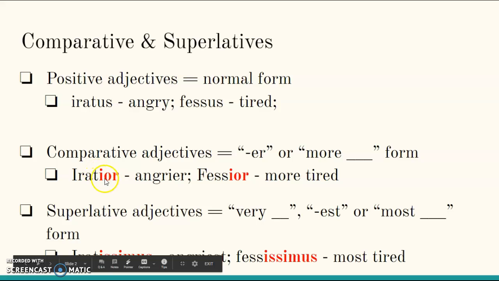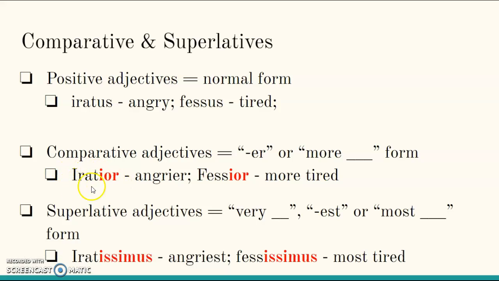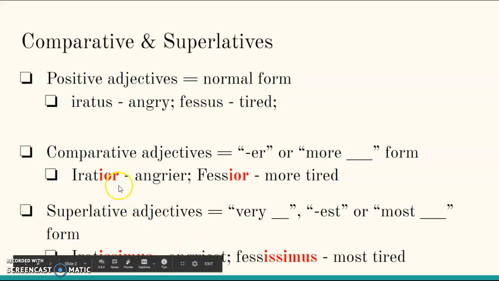Comparative adjectives, they look like this. They have IOR as the end, and if they're declined in another case, then you'll start to see third declension endings pop up after the R here. Iratior, iratioris, iratiori, iratiorum, and so on.